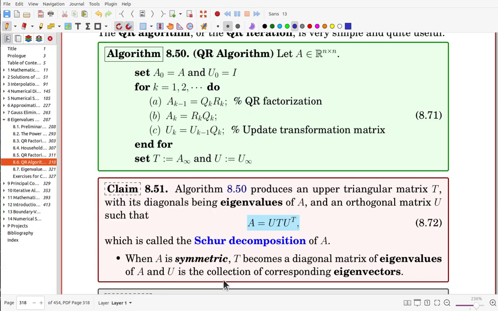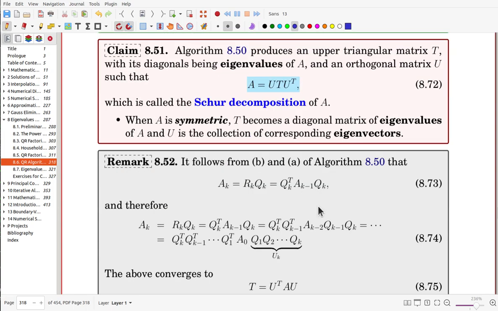So when A is symmetric, then we can get eigenvalues and eigenvectors together. But if A is a general matrix, not symmetric, then we can get only eigenvalues. Here we have a little bit of theory.